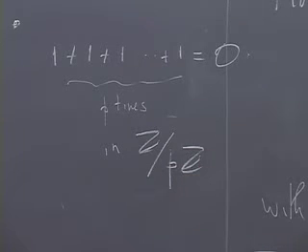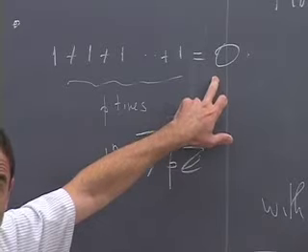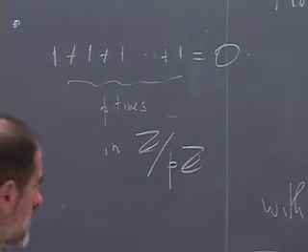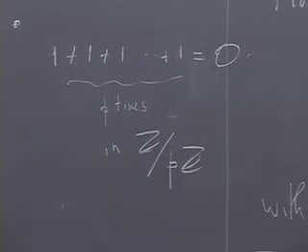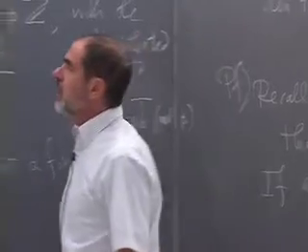And so you could never put this field inside of this one, because 1 would have to go to 1 if you had a proper embedding of fields, and then 2 would have to go to 2. And in here, all those numbers are non-zero. And here, when you do it P times, you get to 0. And that's a big distinction of fields: how many times you have to add 1 to itself to get 0.